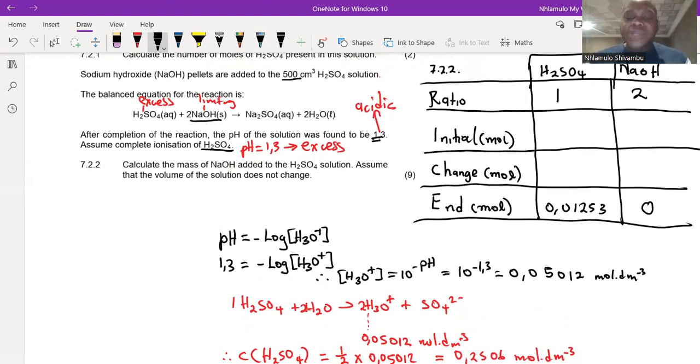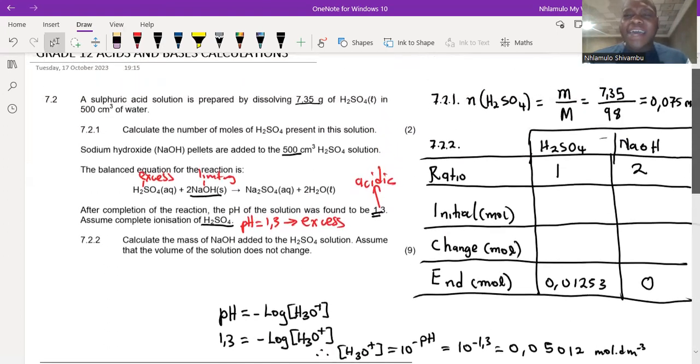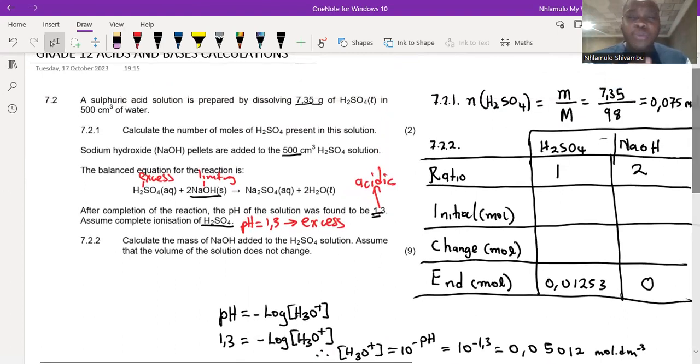Okay, what else do we know of sulfuric acid? We know the initial number of moles of sulfuric acid, the number of moles that we calculated in 7.2.1. This is what we started with. And we have excess. What do we have after completion?